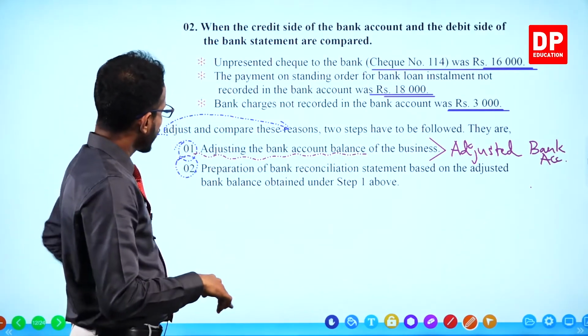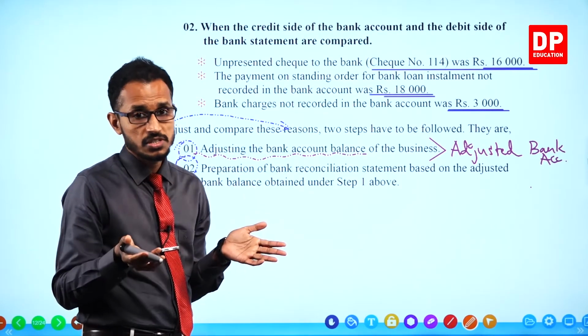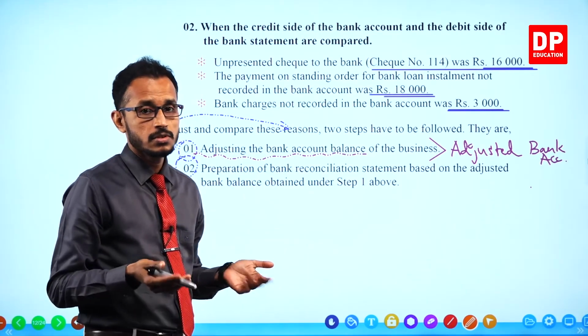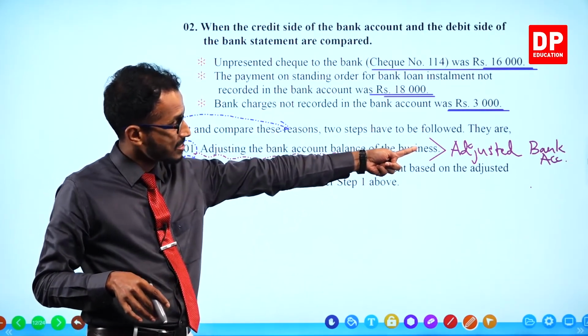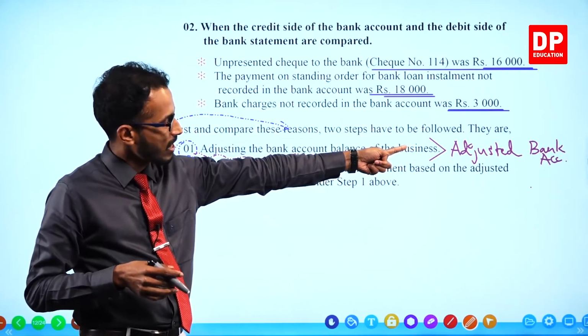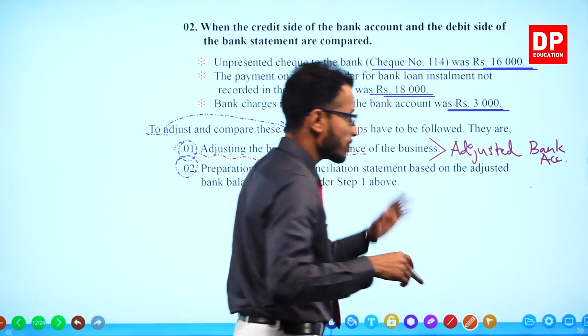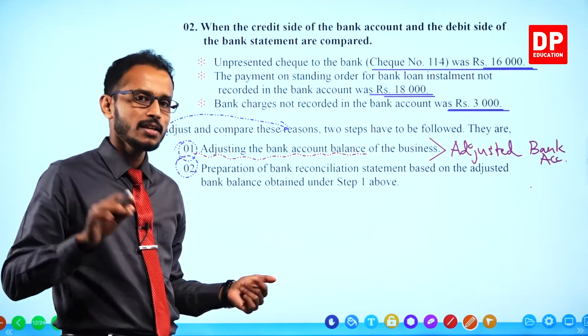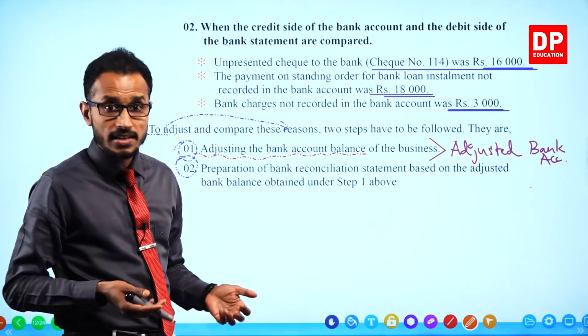Got it? To adjust the bank account, that is from our side, the omissions and missing items, to put them in and complete the bank account, we prepare a separate account called the adjusted bank account. Some people call it adjusted bank account, some say updated bank account. Doesn't matter, because we are going to update it now.